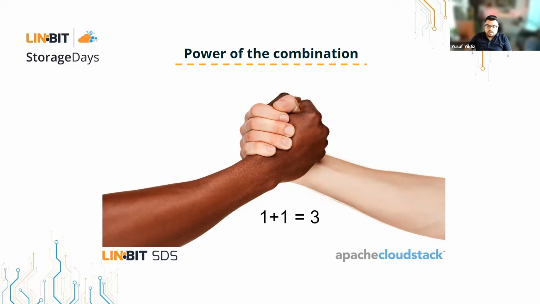And Apache CloudStack supports many hypervisors such as Citrix, Xen, KVM, VMware, and Hyper-V. And that's why when you combine these two great software, you don't have 1 + 1 = 2. Instead, you will have 3 because you're creating so much value with these open source software.